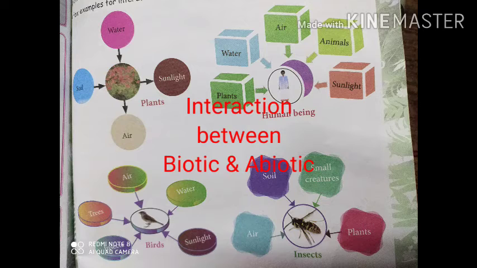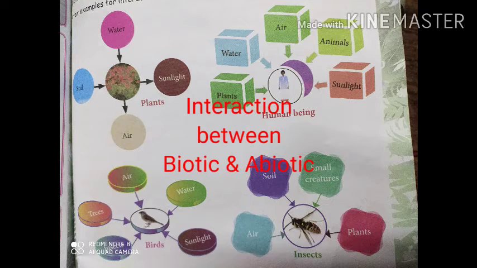Plants are the most important among all the living organisms because they only can make food from abiotic factors like air, soil, water and sunlight. Now see your examples. First they given plant. Plant is a biotic factor, living thing.